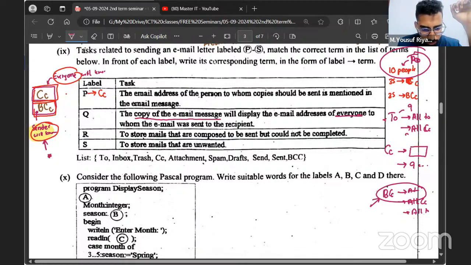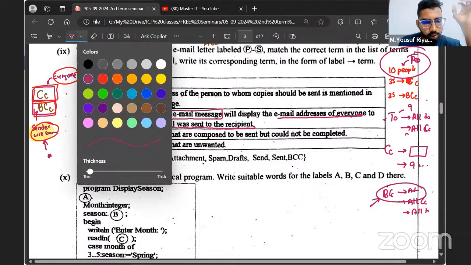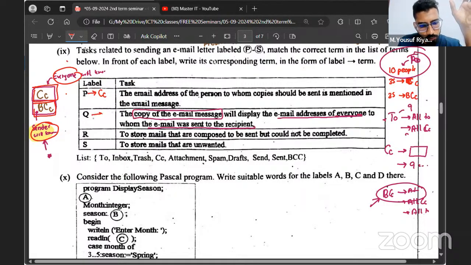That's To, basically. The main recipients are written in To. Okay. But they mention copy of the email.